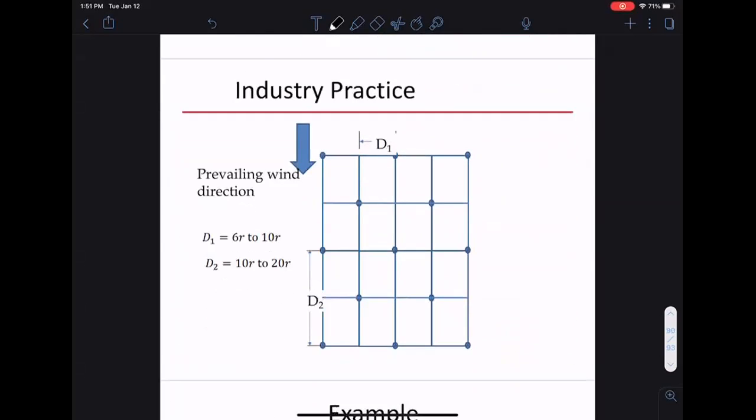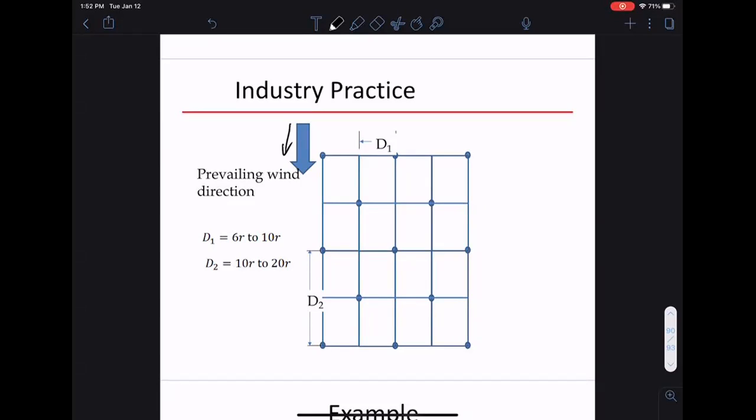If you look at industrial practice, we're going to assume that wind comes in one direction, in some sort of set direction. This is not a bad assumption because in a lot of places we choose to install wind turbines, the wind direction is fairly well defined. We're not going to install turbines at places where the wind just blows randomly; we choose places with good, consistent wind.